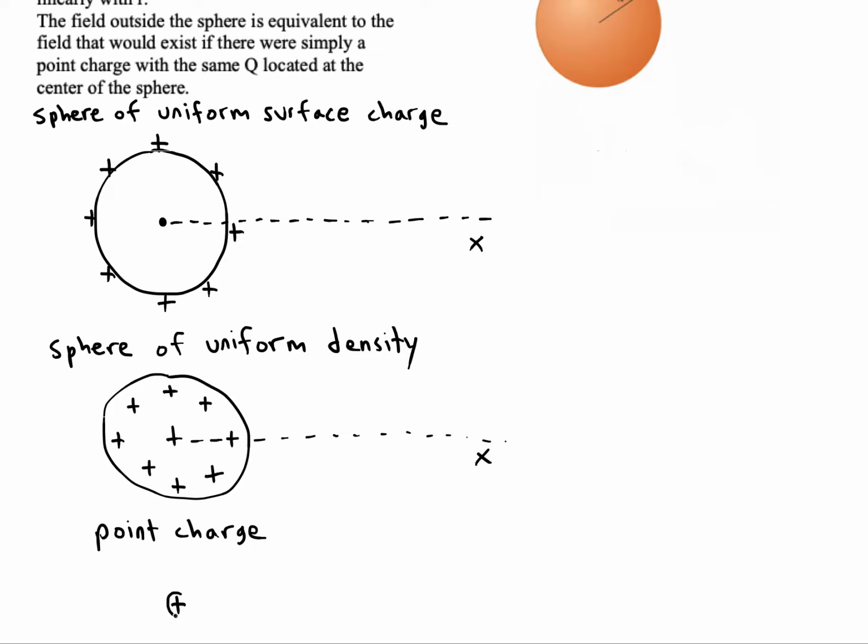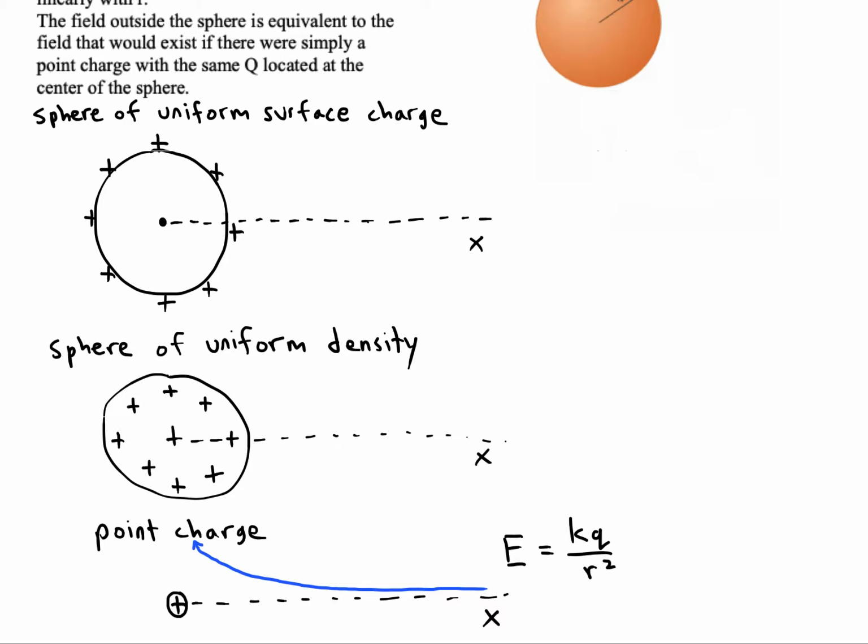A point charge has no volume. And we said before that the field around a point charge would be kq over r squared. So the field decays as we move away from the point charge, and it heads toward infinity as we get close to the point charge.